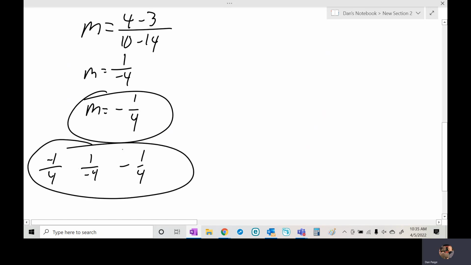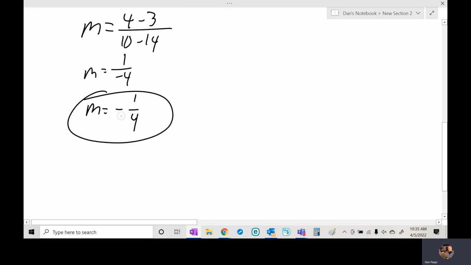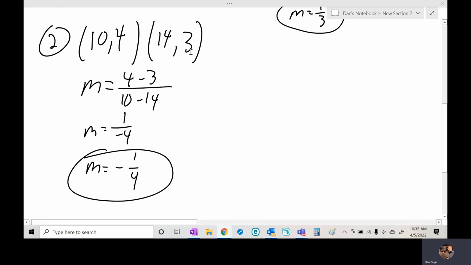The most common way to write it out is like this, though. You could write plus a negative 1/4, but that's super confusing. So it's best to just write the negative in front of it and then put 1/4. So that's what it could look like for a negative slope.